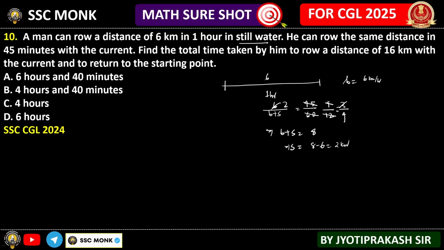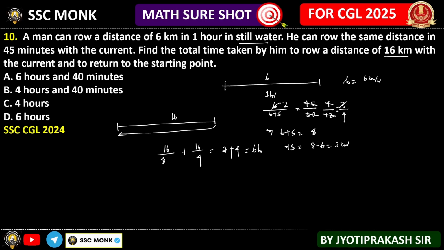Done. Yes. Now it is saying total time taken by him to row a distance of 16 km with current and return. So he will start from here, go for 16 km, then again return back to this point. So 16 by (b plus s), 8, plus 16 by (b minus s), that is 6 minus 2, 4, is equal to my total time. 16 by 8, 2, 16 by 4, 4, is equal to 6 hours.